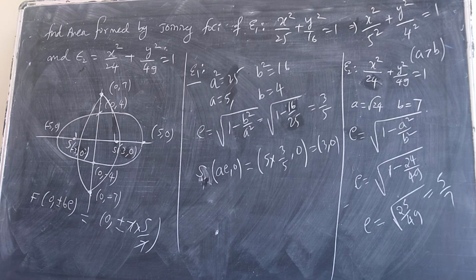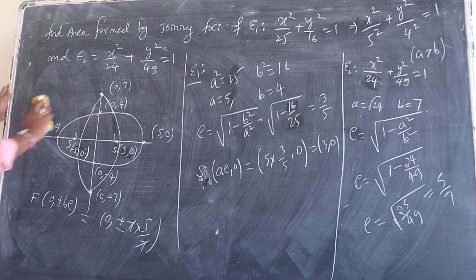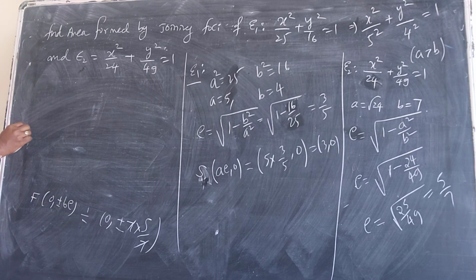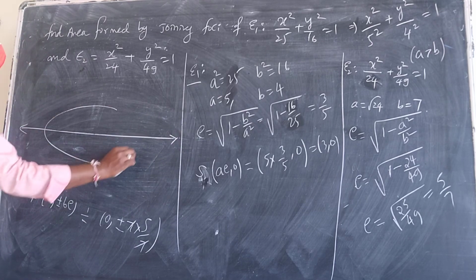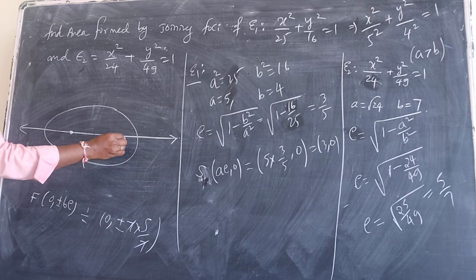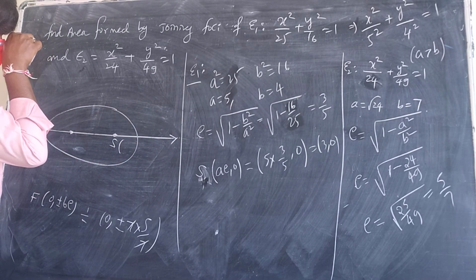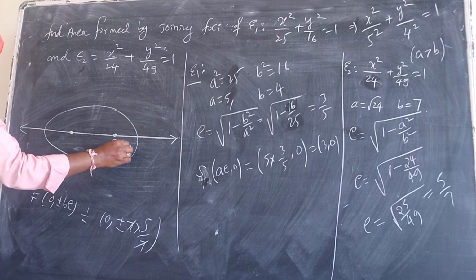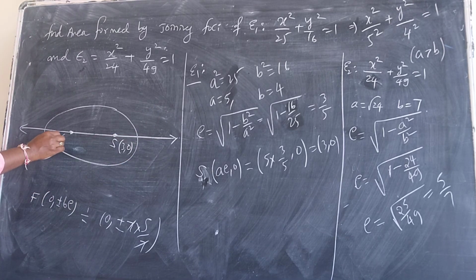If I draw the diagram properly, what you get here? 2 ellipses are there. One is the horizontal ellipse. What focus is coming? S dash I took. How much am I getting? Fred, tell me. 3 comma 0, no? 3 comma 0. This is S minus 3 comma 0.